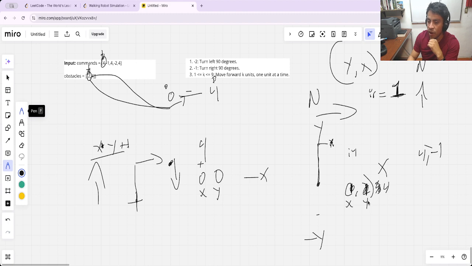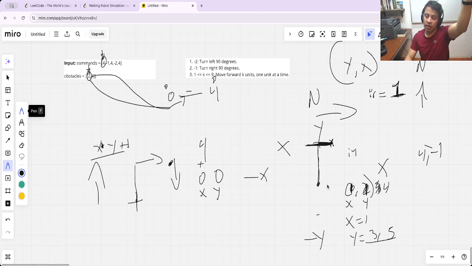Because if I move y, for example, when I am moving in this direction, basically I could get a different position, because for example here x is equal 1 and y depends if you increase or decrease, could have 3 or 5, but it's wrong. You only move, if you want to move in the west or east, use x, increase or decrease x. If you are moving in the north or south, you need to increase or decrease the y.